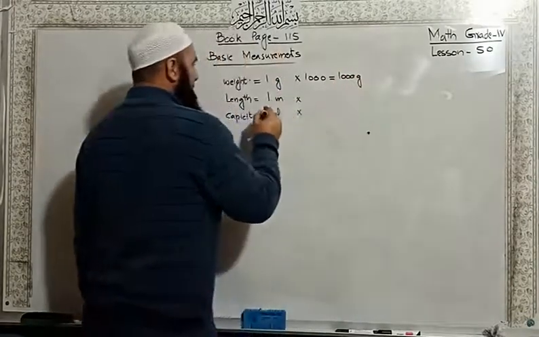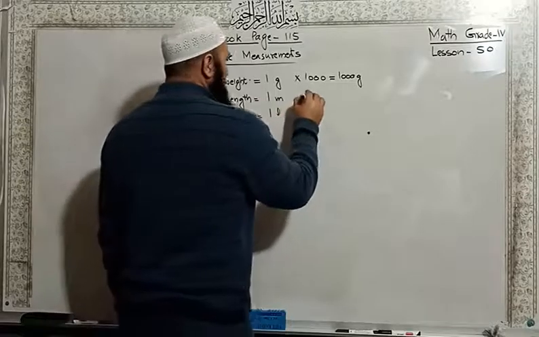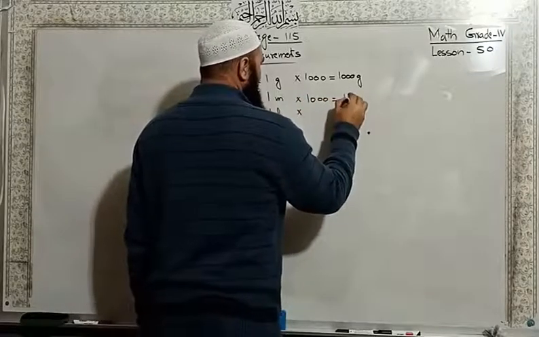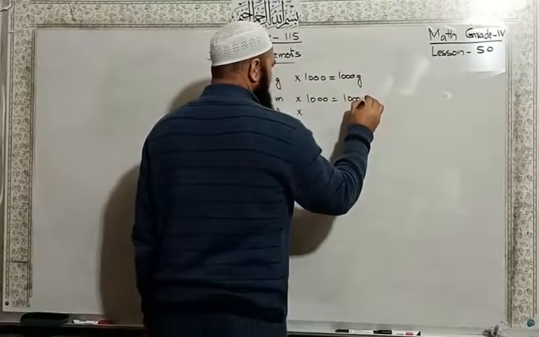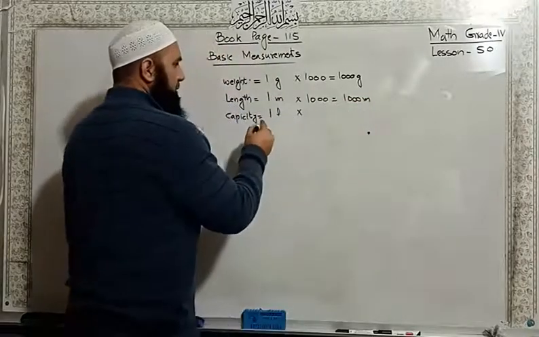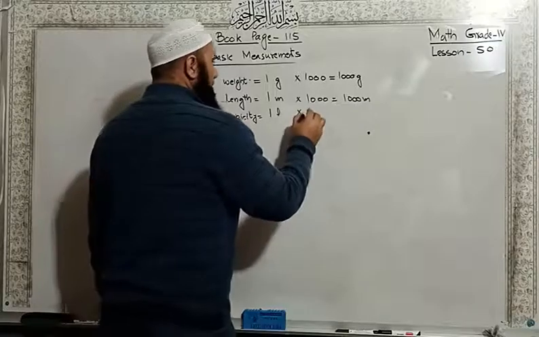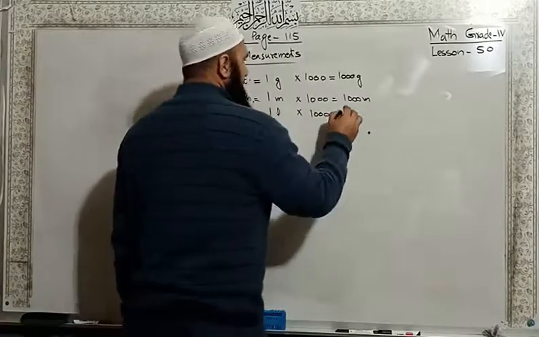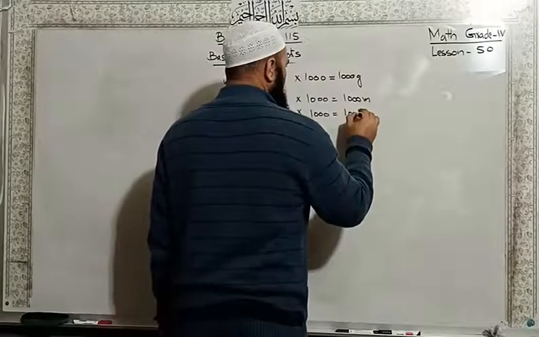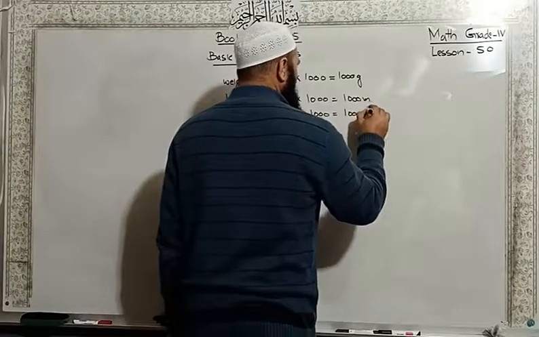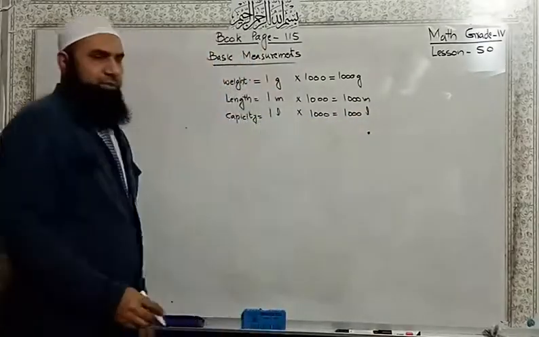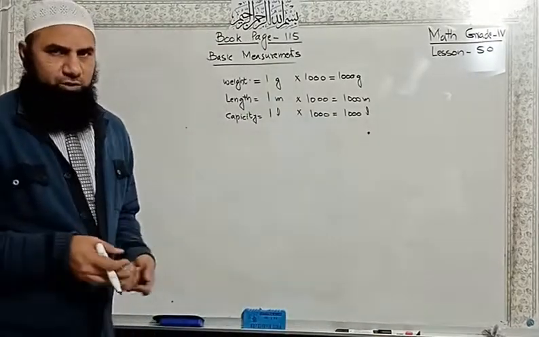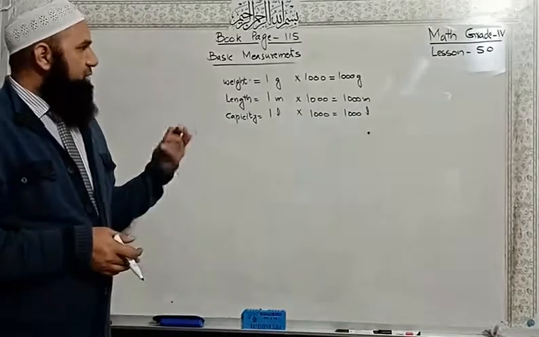When we multiply 1 meter by 1000, this will become 1000 meters. And when we multiply 1 liter by 1000, this becomes 1000 liters.